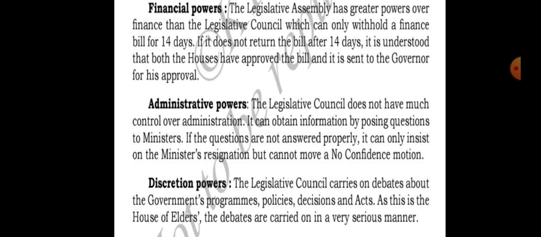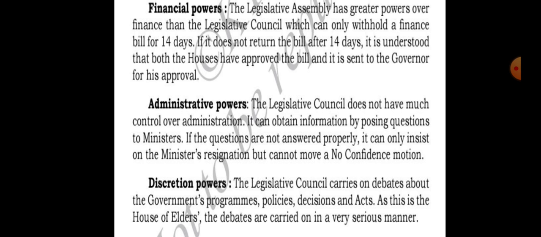If the questions are not answered properly, then what happens? It can only insist on the minister's resignation but cannot move a no confidence motion. They can insist the minister give the resignation, but they do not have the right to issue no confidence. No confidence means that we are not supporting the government.